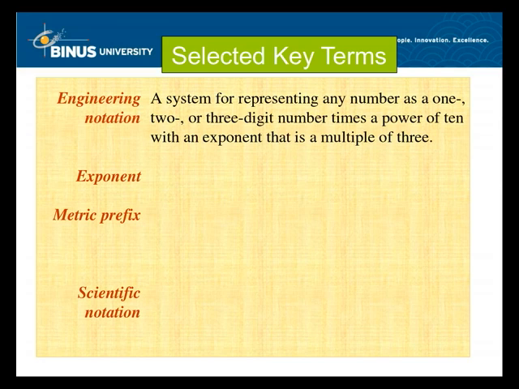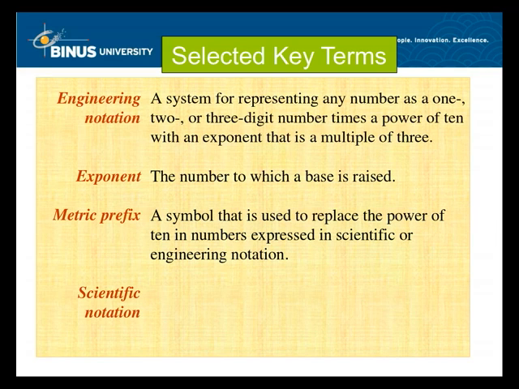And then the next term will be exponent. Exponent is defined as the number to which a base is raised. Metric prefix is a symbol that is used to replace the power of 10 in numbers expressed in scientific or engineering notation. That's why we use M for milli or capital M for mega.